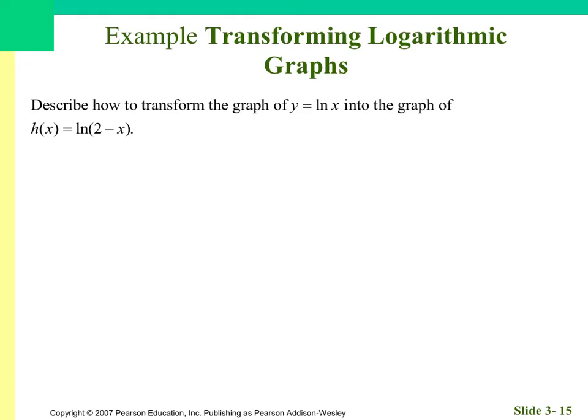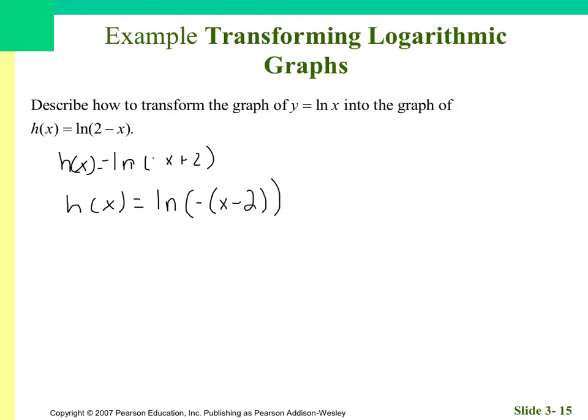Describe how to transform the graph y equals natural log of x into the graph of that. So first, I would write it like this: negative x plus 2, and then we want x to always be positive, so you have to factor out a negative. That equals natural log of parentheses negative x minus 2.